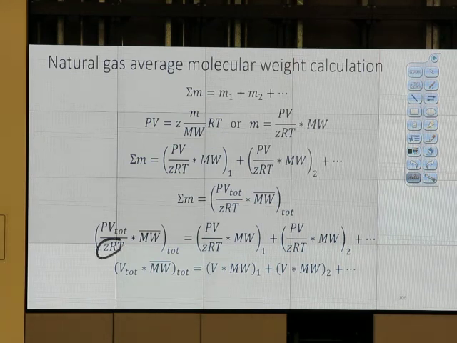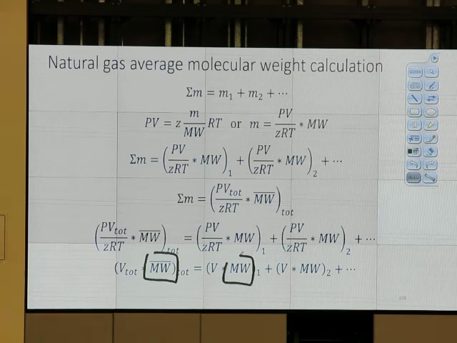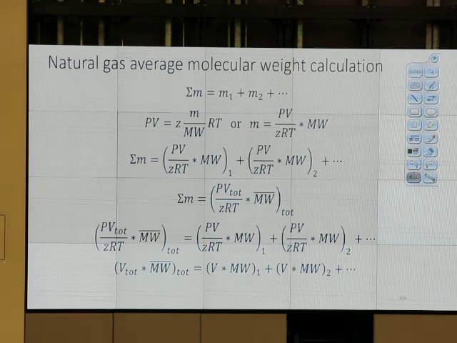Move this part to this side, this part to this side, rearrange it, and we see that molecular weight is a weighted average based on volume or volume fraction. If we know the volume fraction, then we can get the average molecular weight.